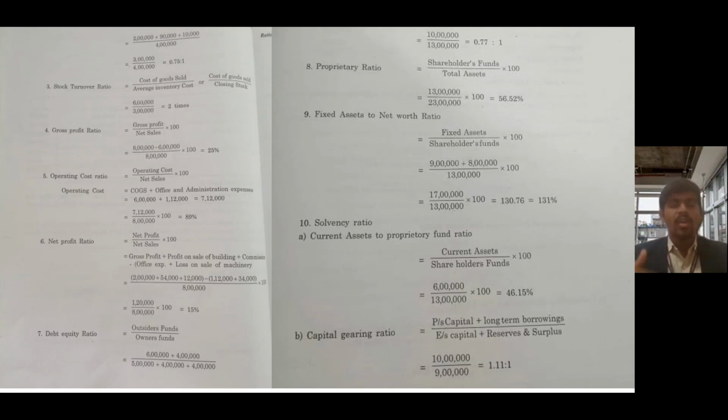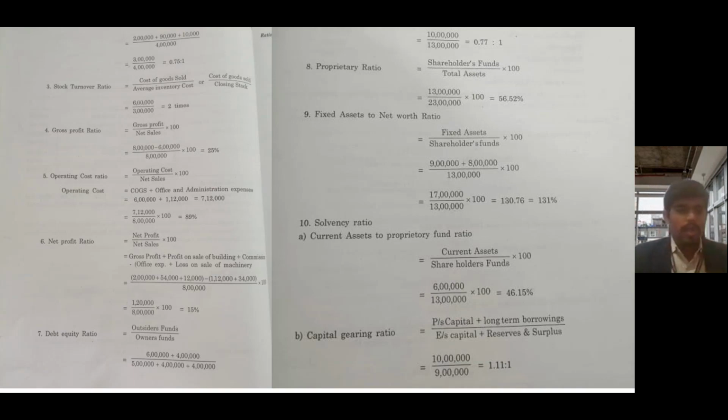Whichever indirect income we earned, from that we deduct all indirect expenses. Then only we get the net profit. So net profit will be calculated after deducting net non-operating income minus non-operating expenses.